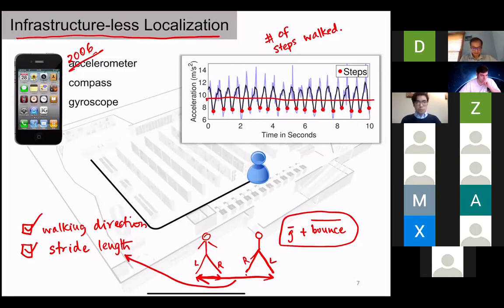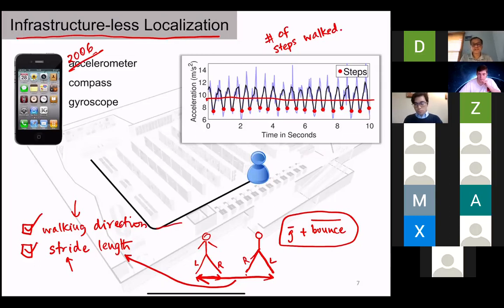Suppose I can pull out the walking direction from my magnetometer. Stride length I need to somehow pull out, but there are some heuristics. Given your body weight and your height, there are heuristics that give you your stride length.